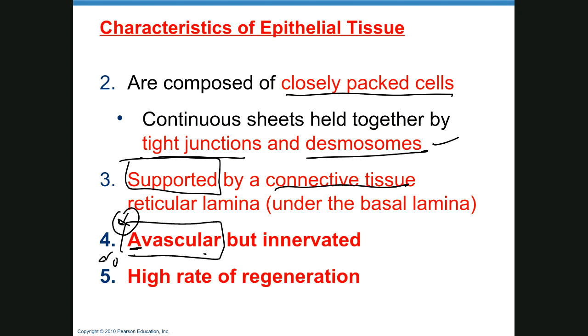Epithelial tissue has no blood vessels, which represents a problem, because if you have a tissue made of living cells, those cells need to receive nutrients, they need to receive oxygen, they need to have a way to remove waste. Those are the functions of blood vessels, but epithelial tissue has no blood vessels that reach them, which means that in order to keep these cells alive, underneath epithelial tissue is connective tissue. And nearly all connective tissue is vascular.